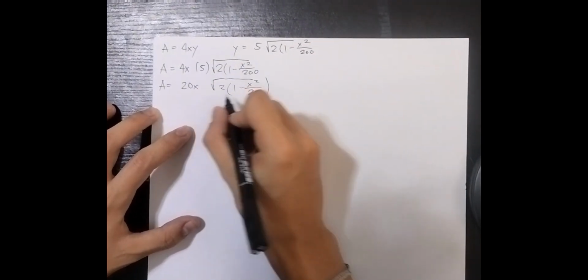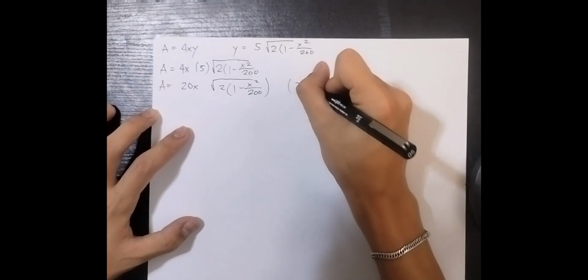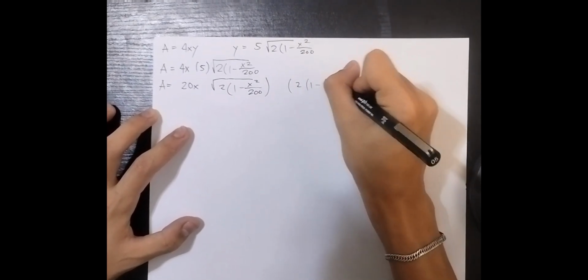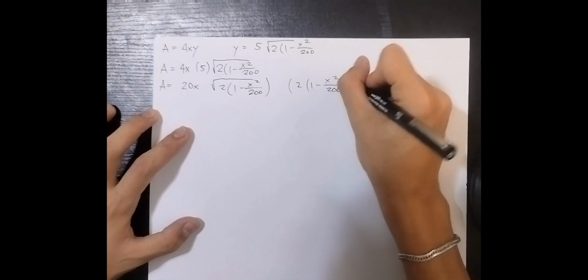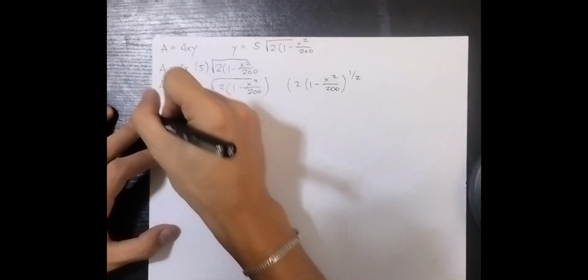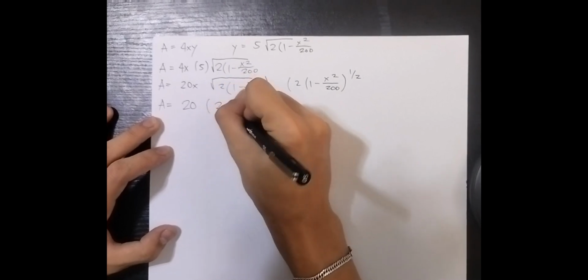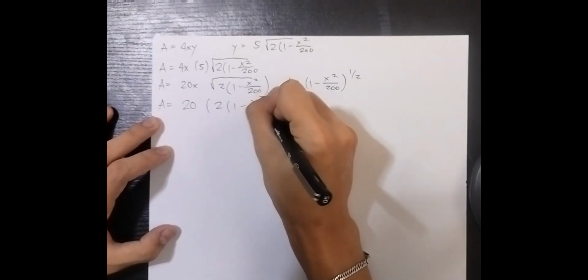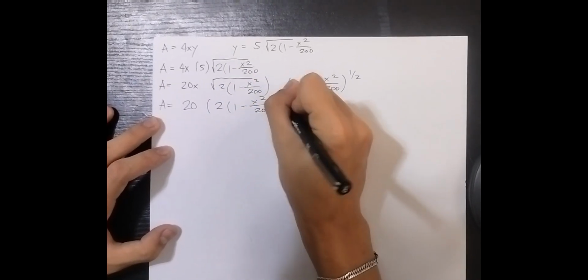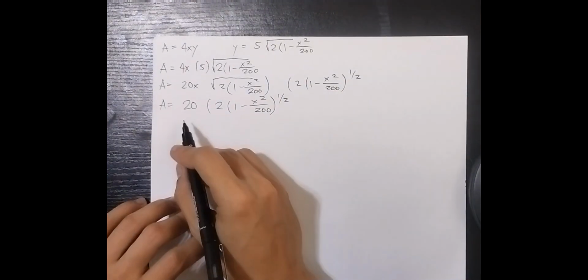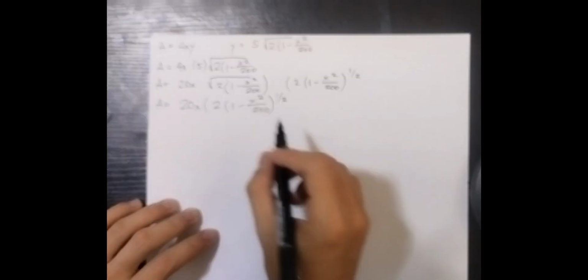It is just equal to 2 multiplied by 1 minus x squared over 200 raised to 1 half. So it will become A is equal to 20x, copy 2 minus 2 multiply 1 minus x squared over 200 raised to 1 half. So now we can differentiate this.